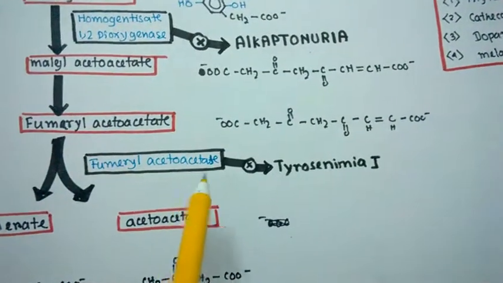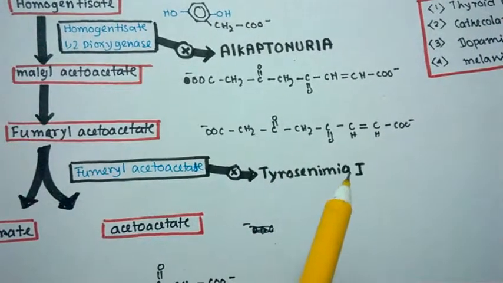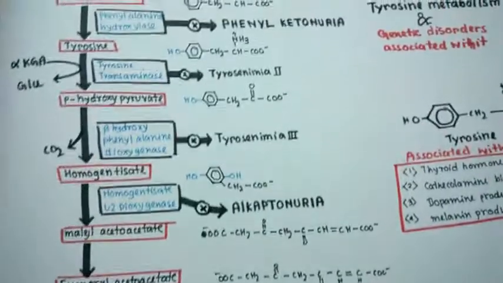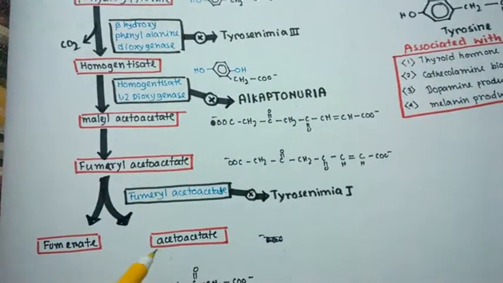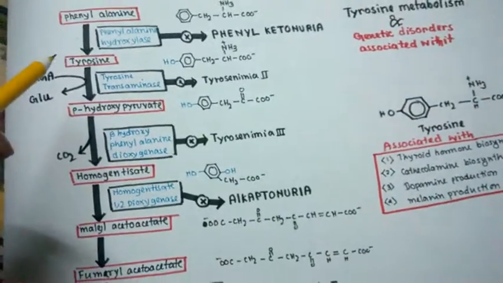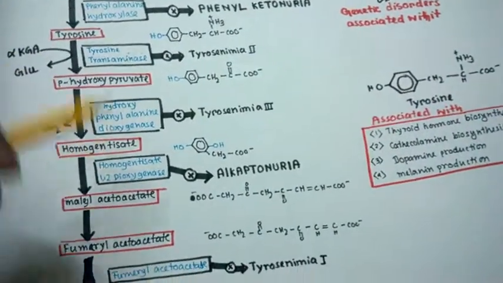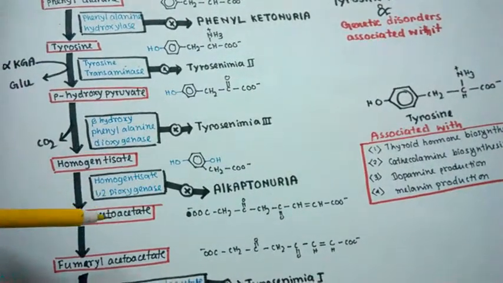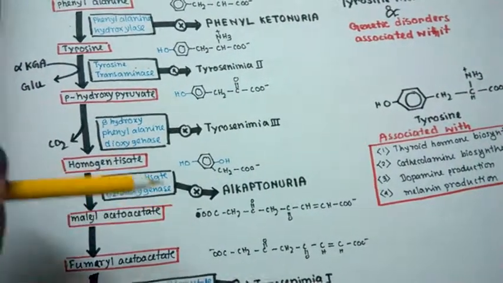Any problem in this enzyme will ultimately lead to tyrosinemia. That is why this whole catabolism pathway from phenylalanine to fumarate and acetoacetate is very important, because if almost all the enzymes involved in these steps are not functioning properly, it will lead to some disorders.